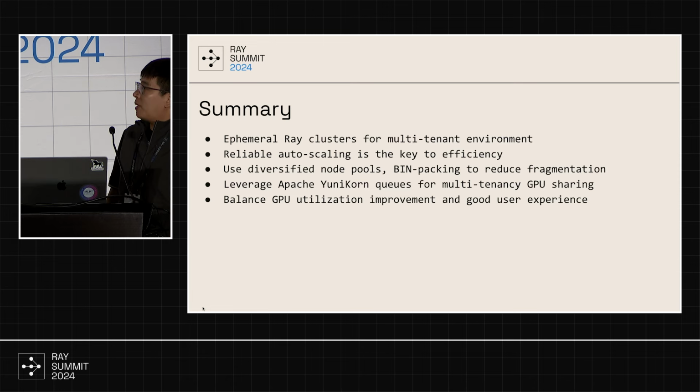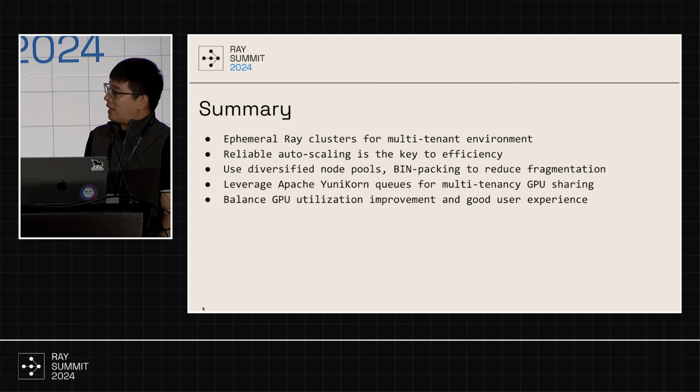So, a quick summary of the session. We were running into a lot of issues scaling Ray at Apple, and what we want you to take away from this session is, first, that informal Ray clusters are needed for a multi-tenancy environment, and also that reliable autoscaling is the key for efficiency. There are a lot of different challenges mentioned to make autoscaling really reliable.